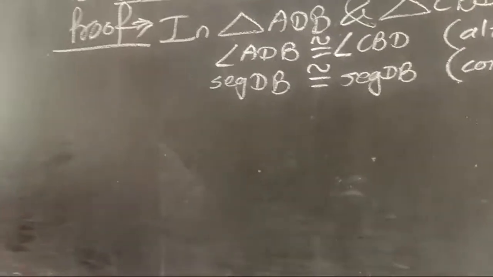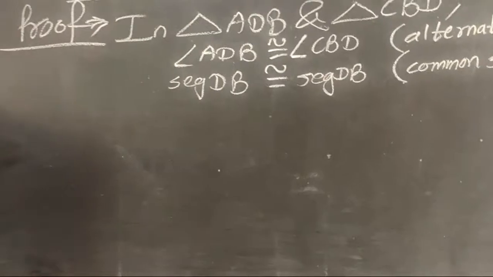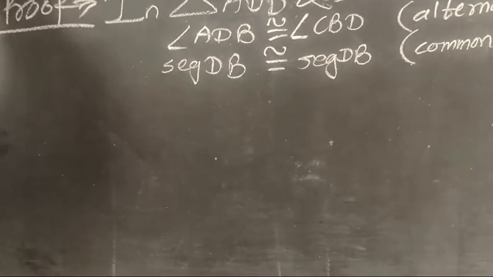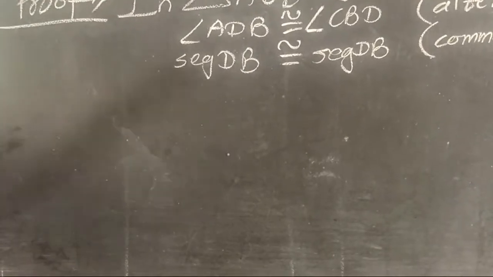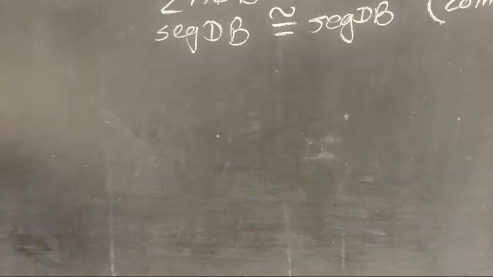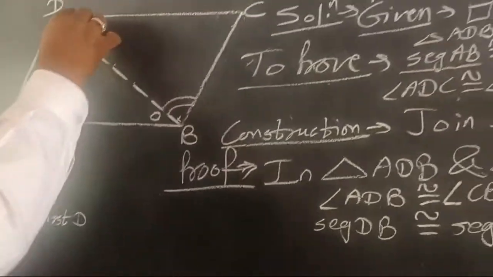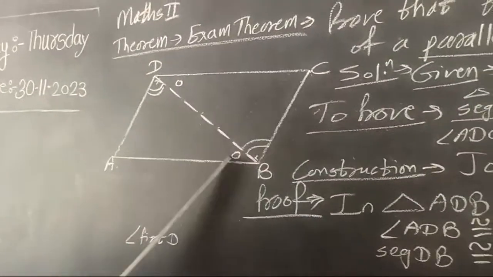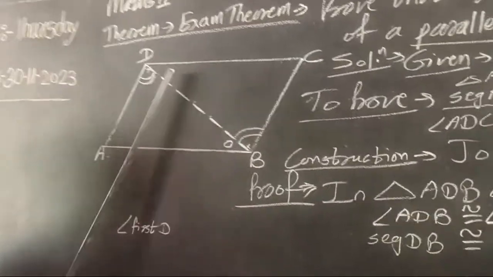The third condition is angle ABD, good, congruent to angle CDB. Why are these angles congruent? Alternate angles. Tell the name again.